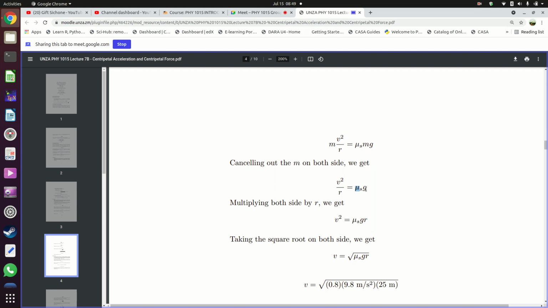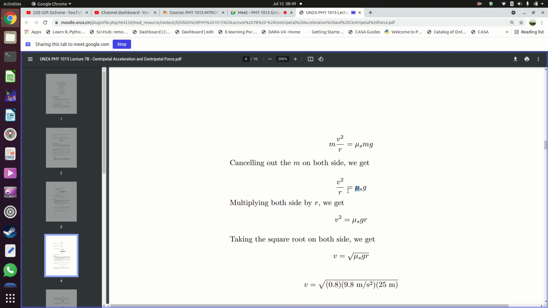It doesn't matter whether you are cycling a bicycle, or driving a motorcycle, or a Vitz, or a taxi, a truck, or a bus. It doesn't matter, because from this expression you can see that mass is not important.